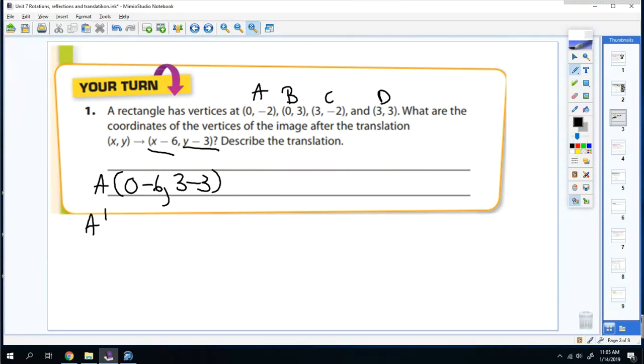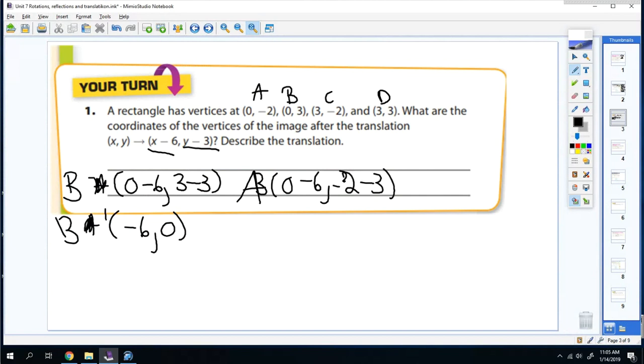So the new A will be negative 6, 0. B was 0 minus 6. Whoops, this was B actually. And then I'm going to make this A, and that'll be negative 2 minus 3. So the new A will be negative 6, negative 5.